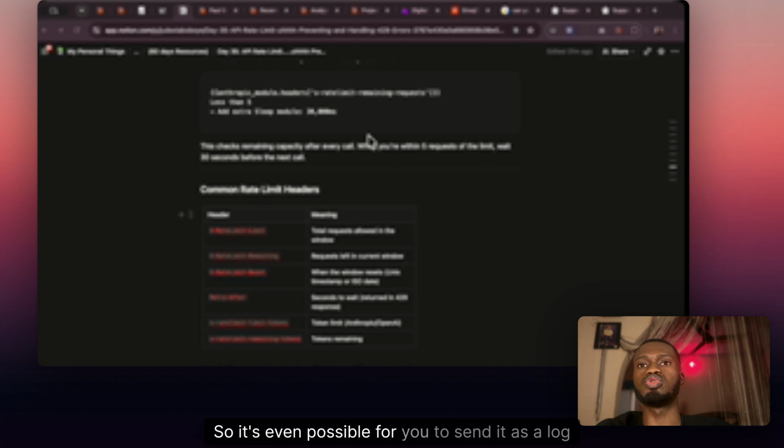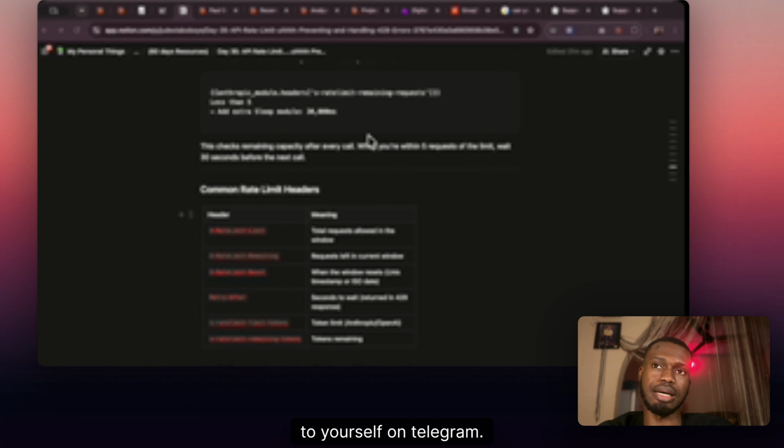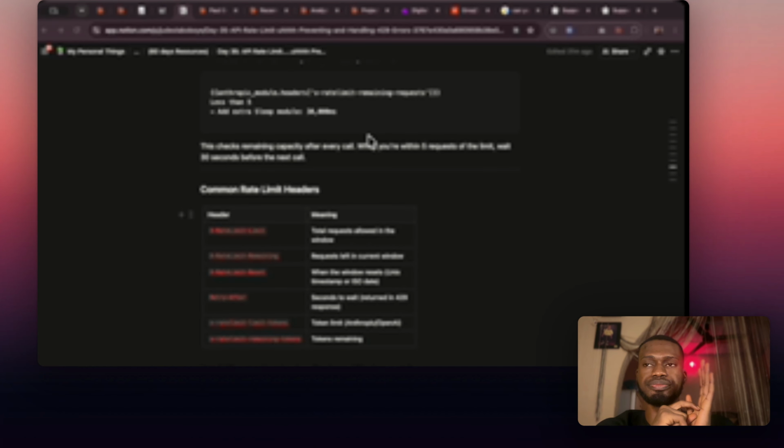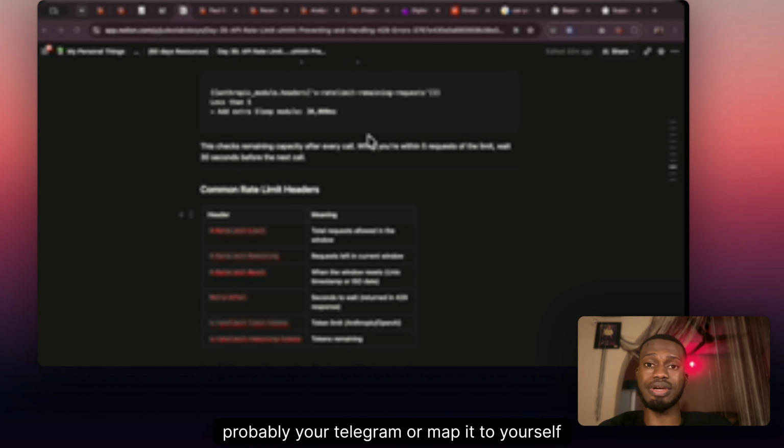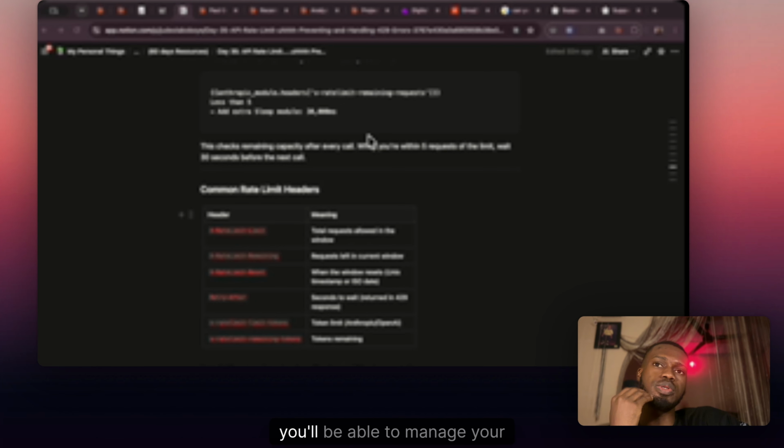It's even possible for you to send it as a log to yourself on Telegram. So anytime you get results from your AI or from Claude, for example, you could also map that token value to probably your Telegram or to yourself. So when you're getting this, you'll be able to manage your tokens. If you understand the calculation, let me say each run takes just about 5,000 tokens, right?